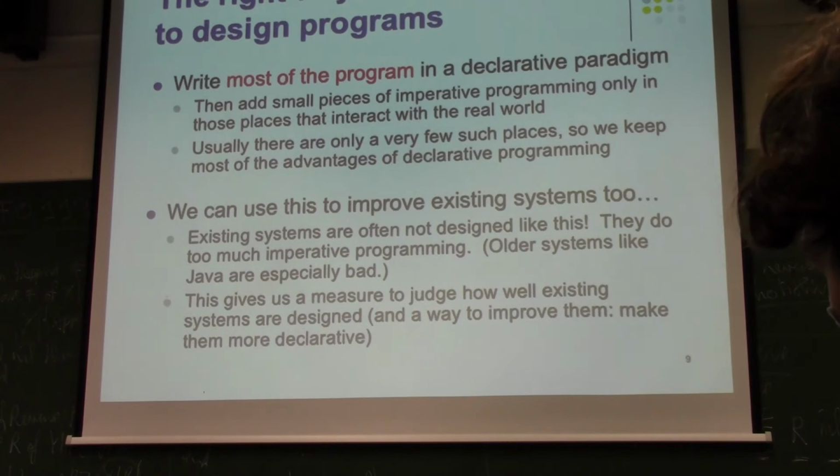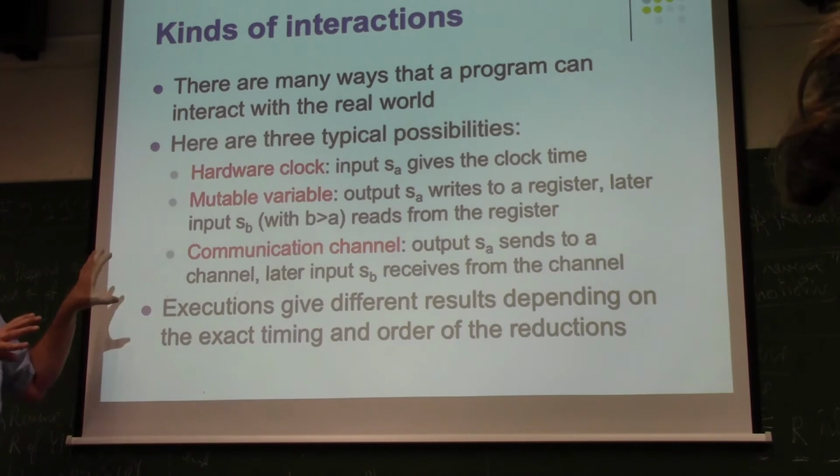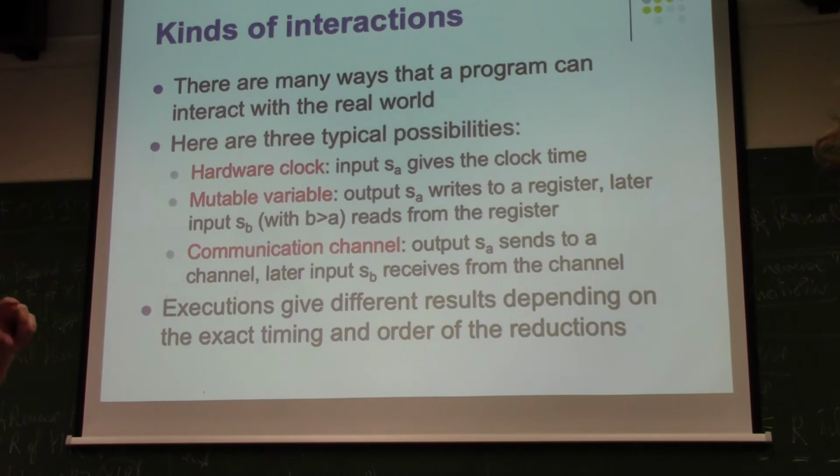Okay, so how do we interact with the real world? How does a program interact? So there's many ways. So fundamentally, it's not just like displaying on the screen. We're looking at it now in a fundamental way, from the viewpoint of the lambda reduction. What does it mean to interact?